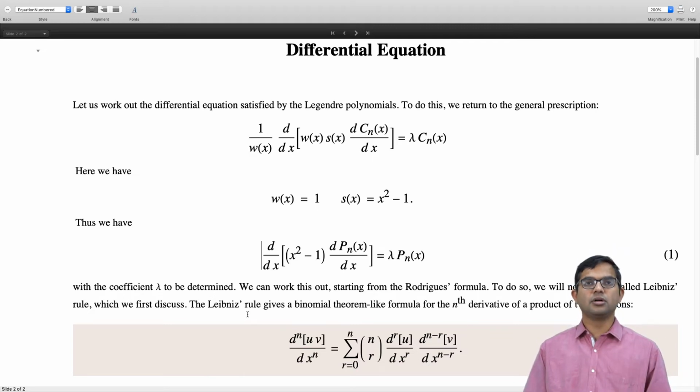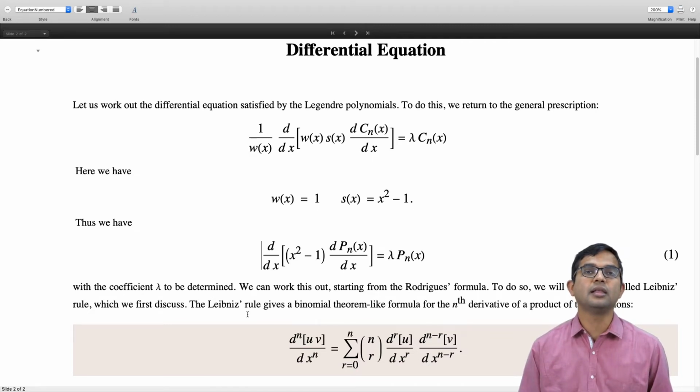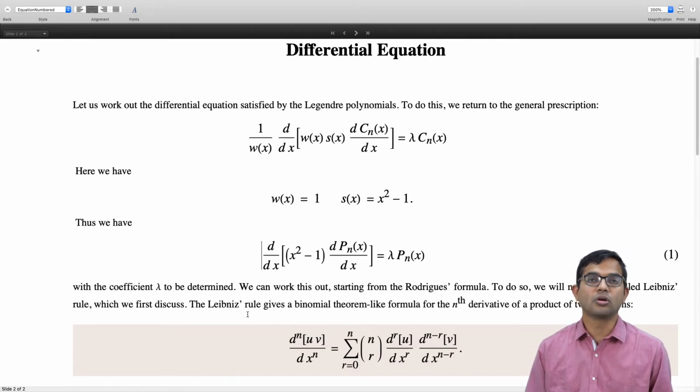The Leibniz rule is useful if you want to take the nth derivative of a product of two functions. We know that the derivative of the product of two functions is given by the derivative of one function, leaving the other as a constant, plus the derivative of the other function, leaving the first as a constant, right?